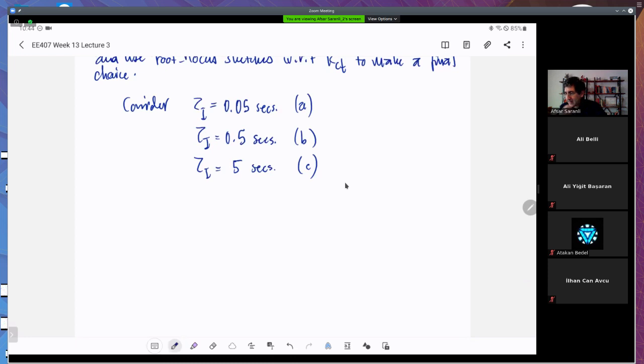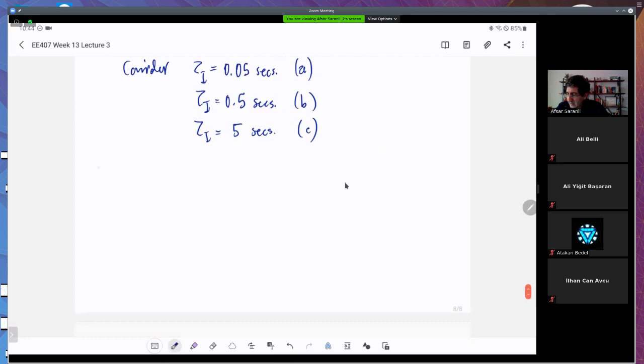Now, again, we want to see what's happening with respect to our reference input. Okay, so by using superposition, we will kill the disturbance input, and we will derive the characteristic equation.